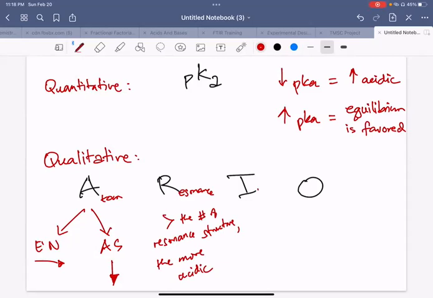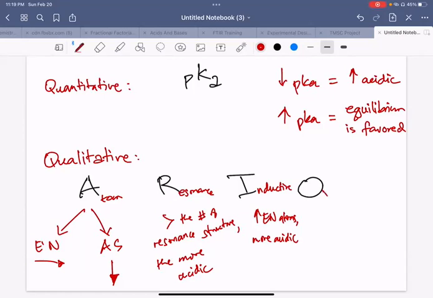The third one is the inductive effect. Higher electronegative atoms mean more acidic, because the presence of electronegative atoms in a compound tends to decrease the electron density in the molecule because of their electronegative nature.